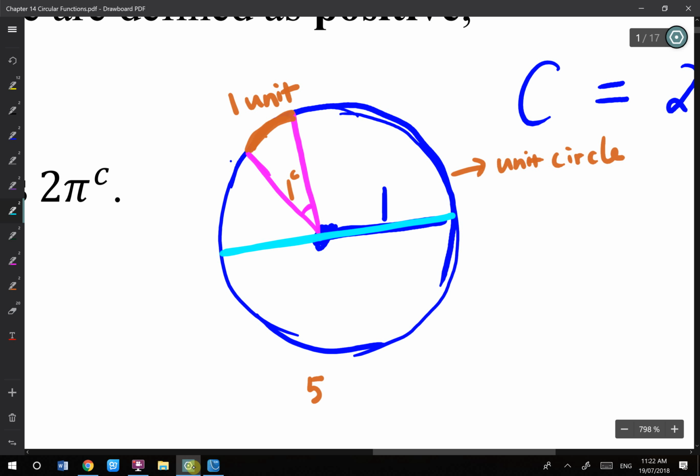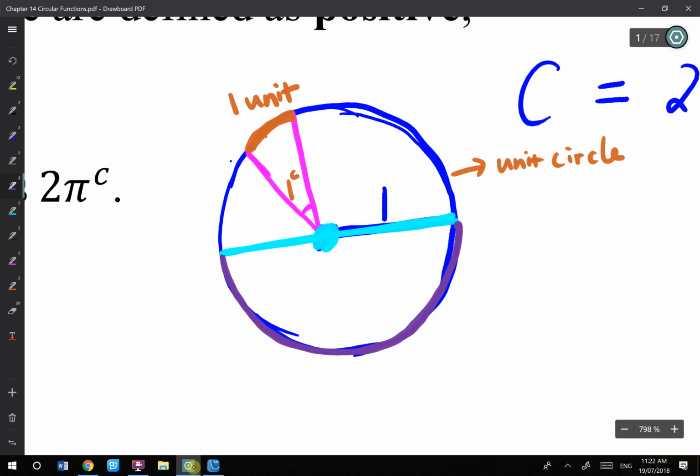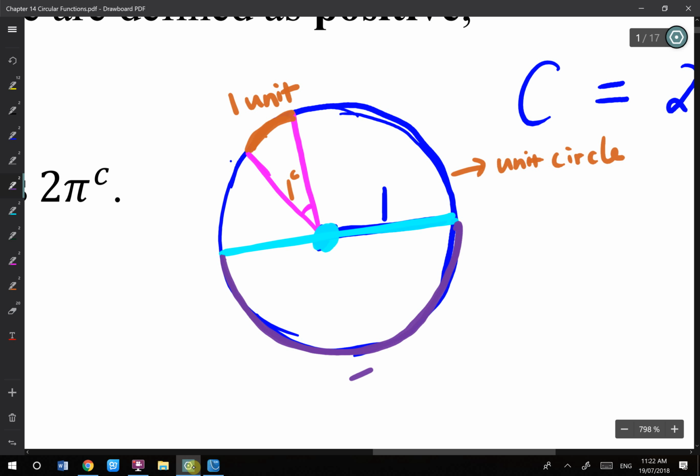That's the center, right? That's 1 radius, and that's another radius. What is the length here? Pi, right? This length is pi. So what's this angle?